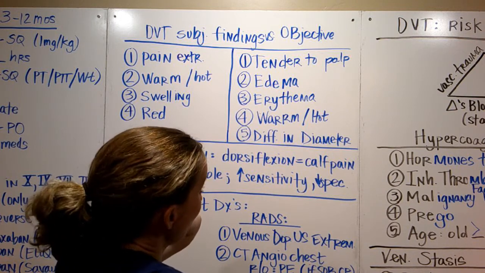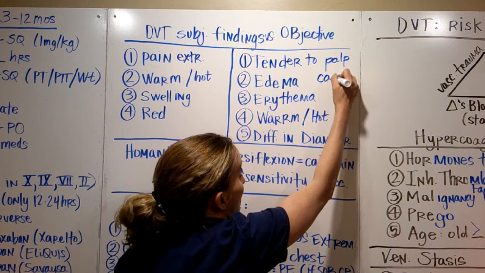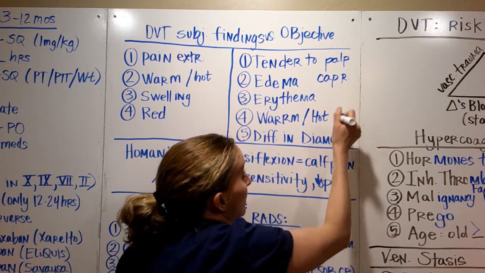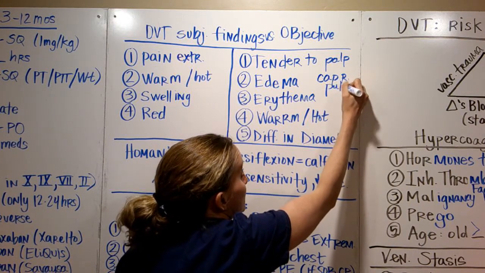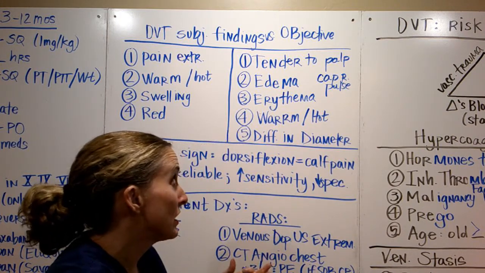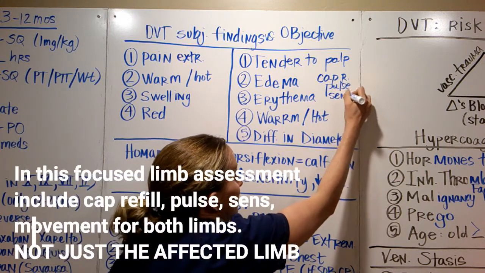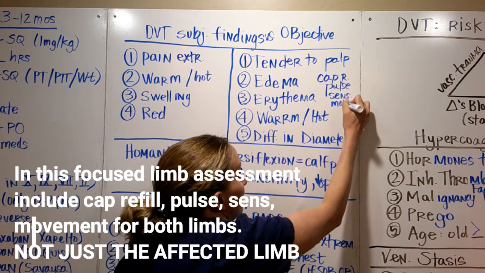So included with this, we also need to check a cap refill. We need to check a pulse, okay? And distal, obviously, to the problem. We need to check sensation, mobility.